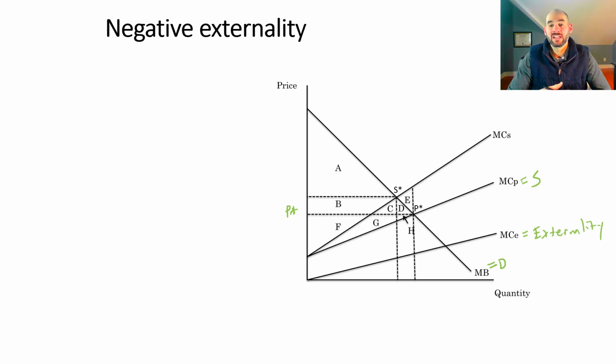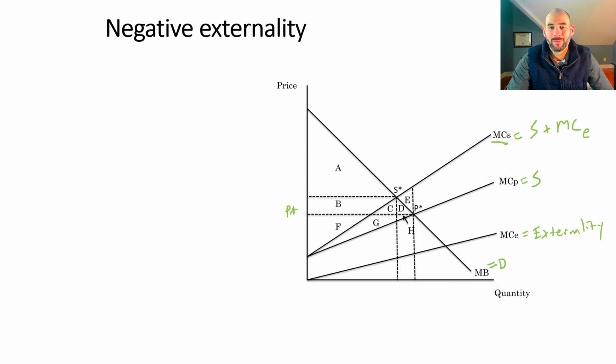Maybe that first good that we produce isn't really that damaging, but not only does the cumulative damage add up, but each additional unit that we produce exerts a worse externality than the unit before it. So that's an upward sloping externality curve. We may also have, like I said, a flat or constant externality. And when we add the supply curve to the externality, to MCE, then we have that marginal social cost curve.